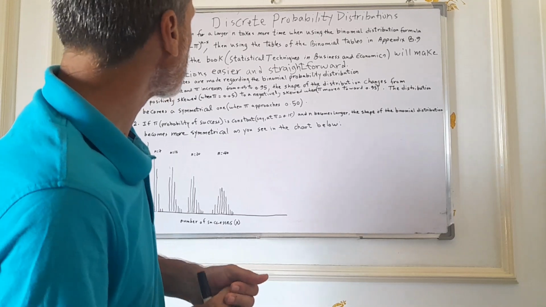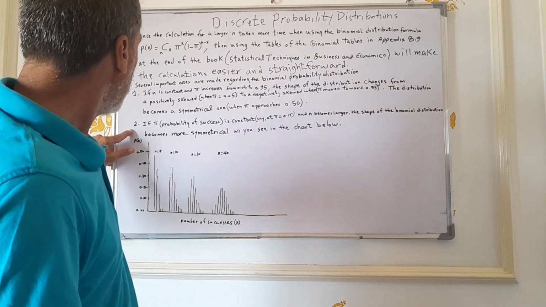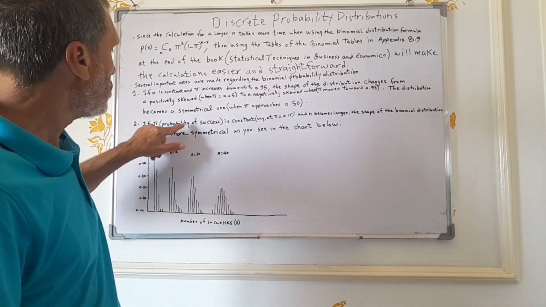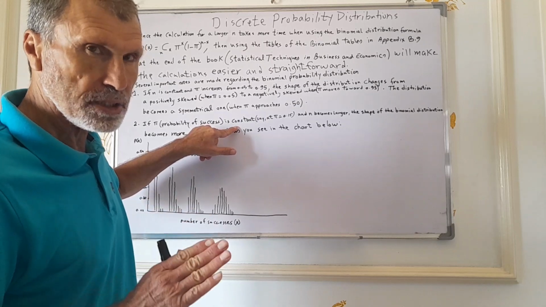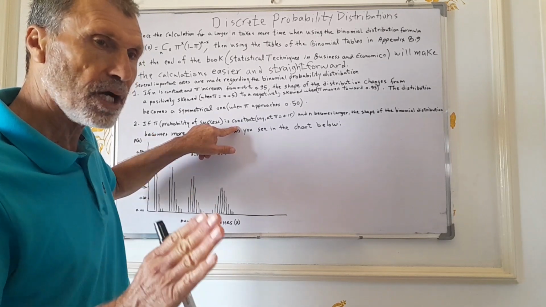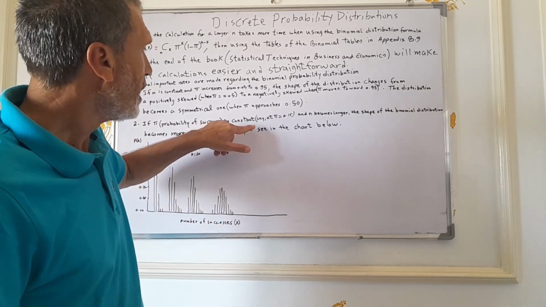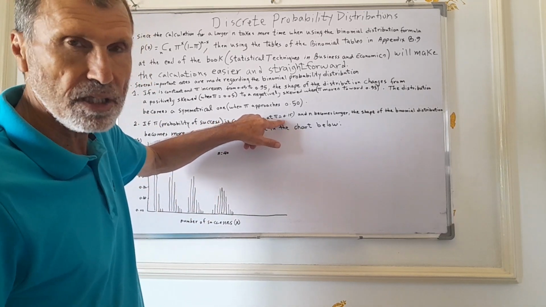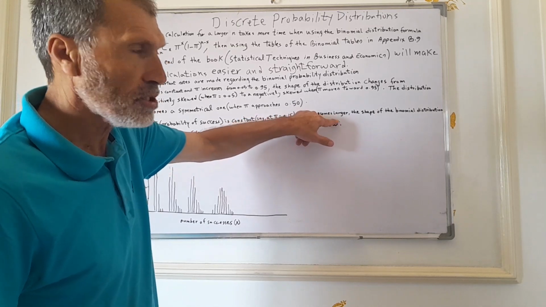The second point we will make is when pi, the probability of success, is constant. Here, pi remains fixed, say at 0.15 or 0.10, and n becomes larger.